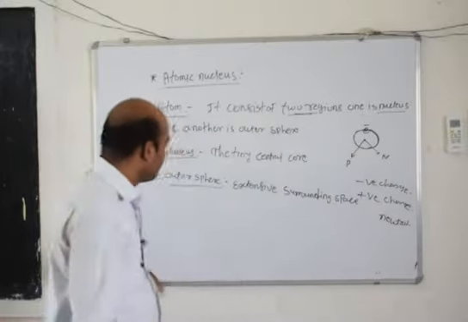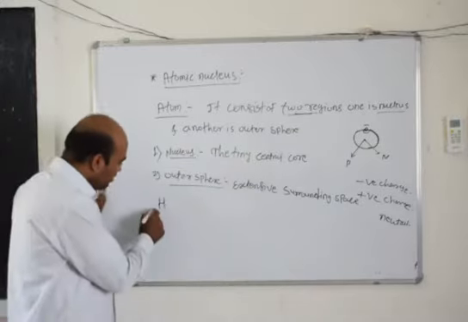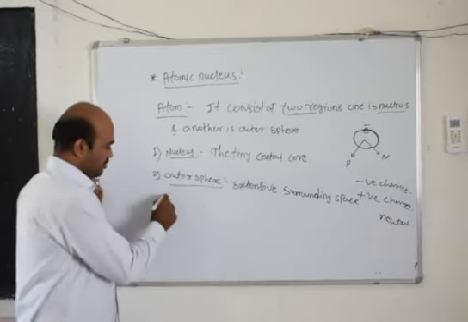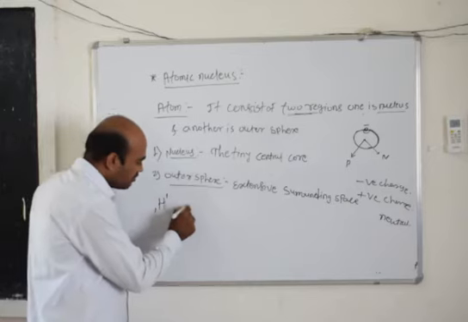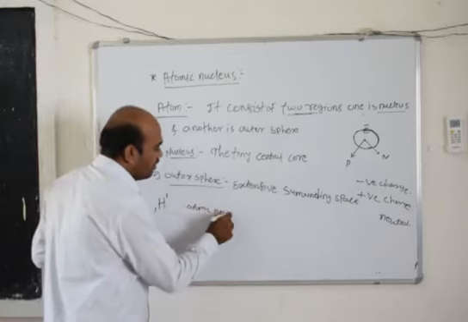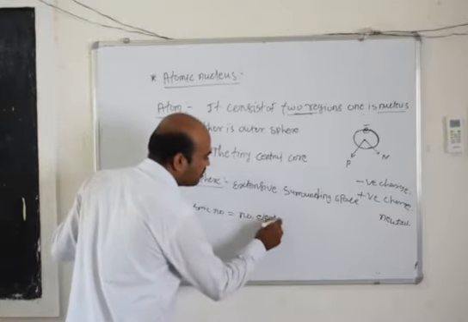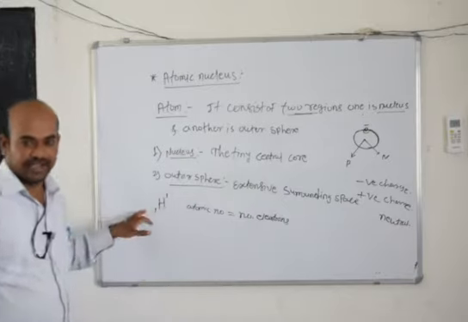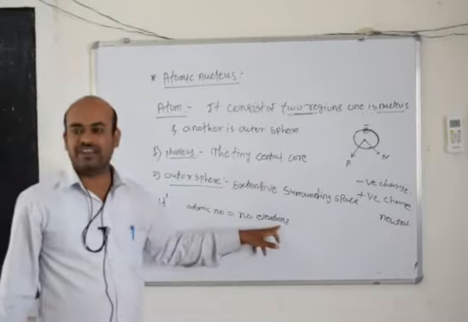See here hydrogen: atomic number 1, mass number 1. The atomic number is equal to the number of electrons in a neutral element. When there is no charge, the atomic number is equal to the number of electrons.